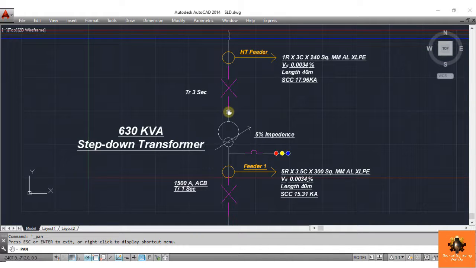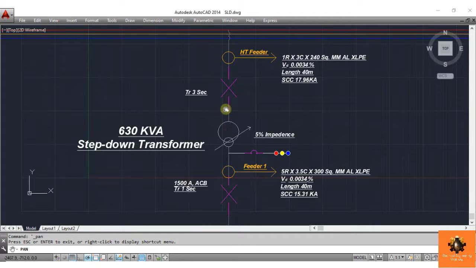Fine. Now after this we have transformer, and this transformer is a distribution step down transformer, which will step down the voltage level of 11 kV at the primary side of transformer up to 415 volts at the secondary side of the transformer.